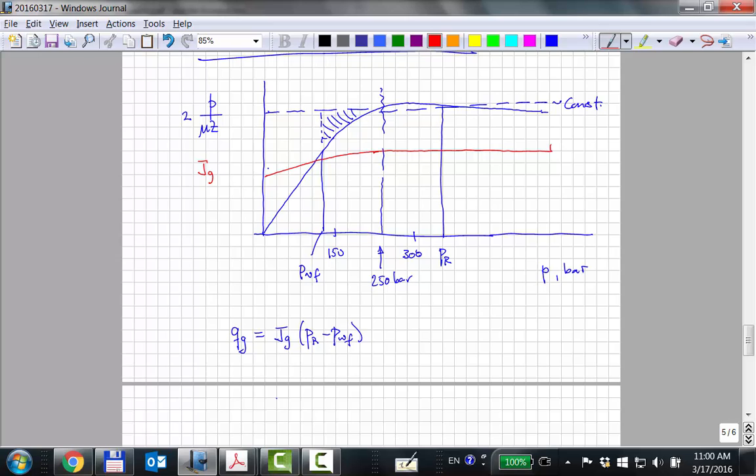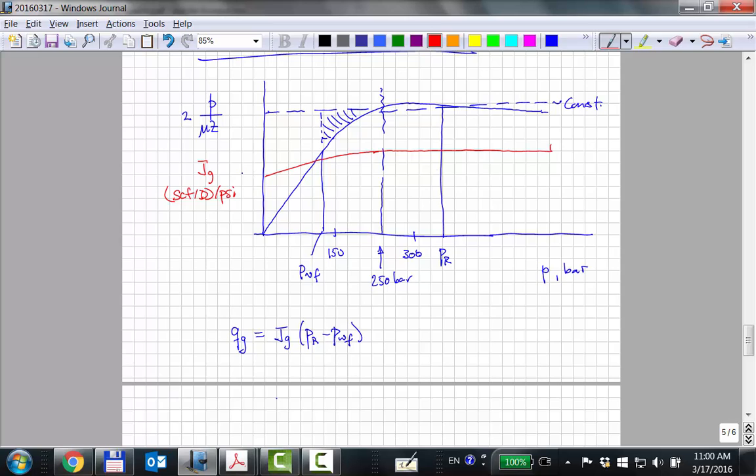Your effective productivity index for a gas well will in fact be pretty much constant at high pressures, but then as you draw the well down, you get less standard cubic feet per day per PSI, per drawdown. So you lower the pressure at the bottom of the well, but you don't get as much gas as you do up here.